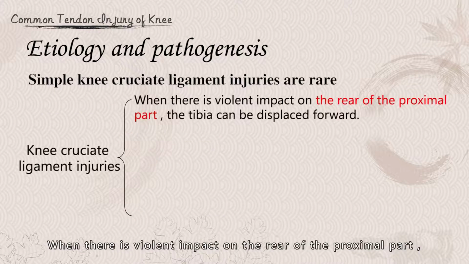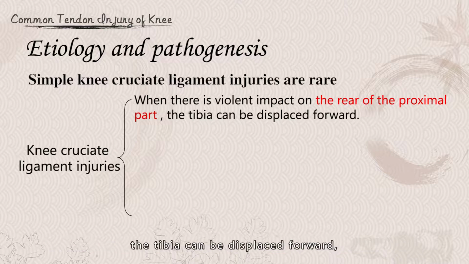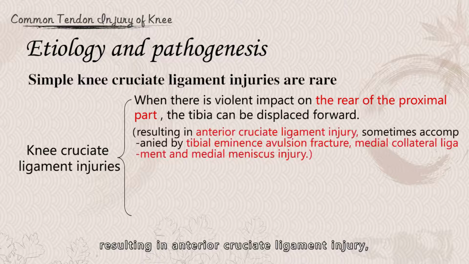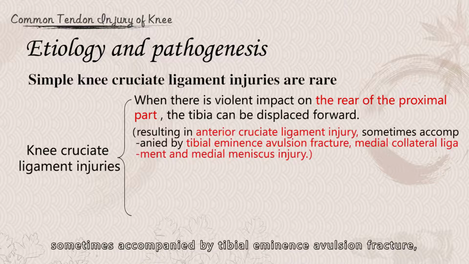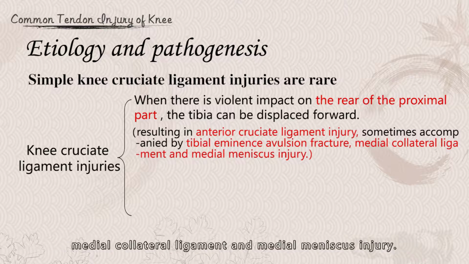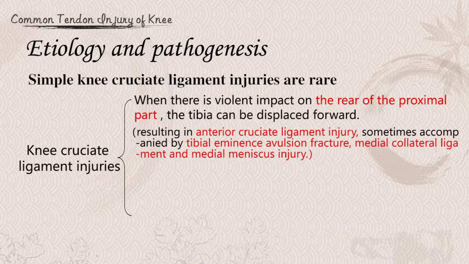When there is a violent impact on the rear of the proximal tibia, the tibia can be displaced forward, resulting in anterior cruciate ligament injury, sometimes accompanied by tibial eminence avulsion fracture, medial collateral ligament, and medial meniscus injury.